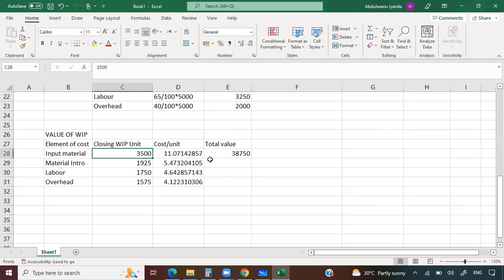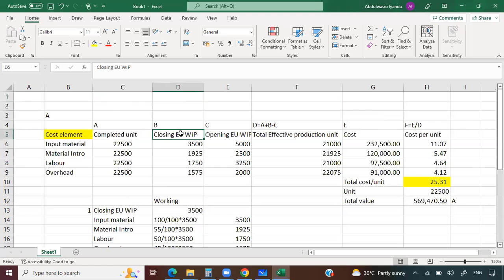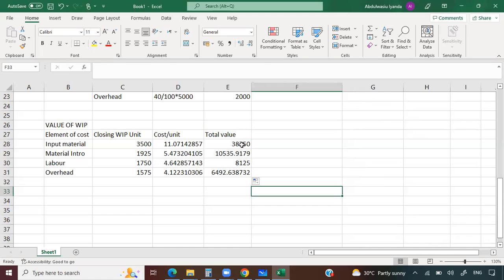We already determined this, where you calculate the equivalent unit. The cost per unit multiplied by the unit gives us this. Oh, sorry, it's giving us decimal. Then there's no problem.